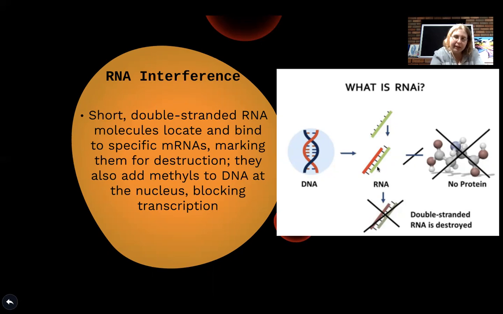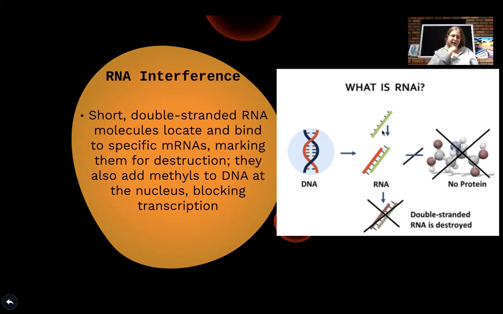expression. But another way is what this RNAi does: it doesn't just mark mRNA for destruction. It also can add methyl groups to the histones, or to the DNA or to the histones. And this occurs when it's still in the nucleus, so it's not like it's out in the cytoplasm at this point, but it can actually add methyl groups to the DNA.